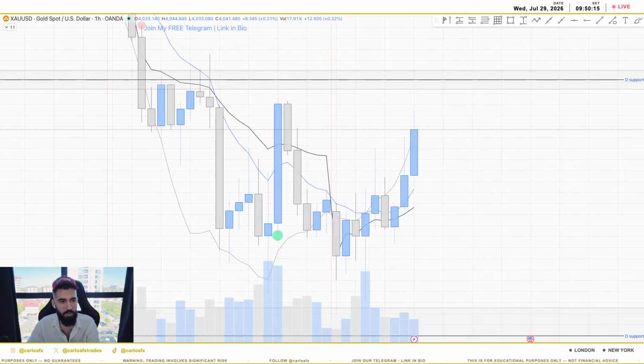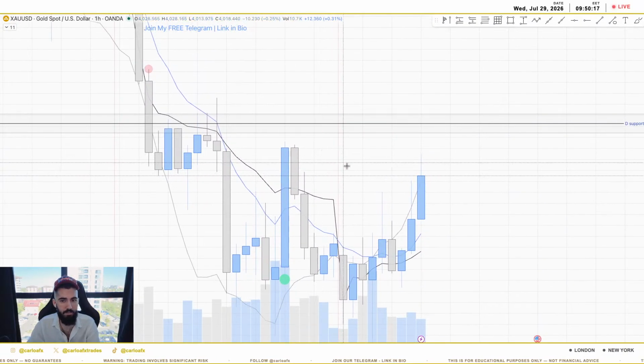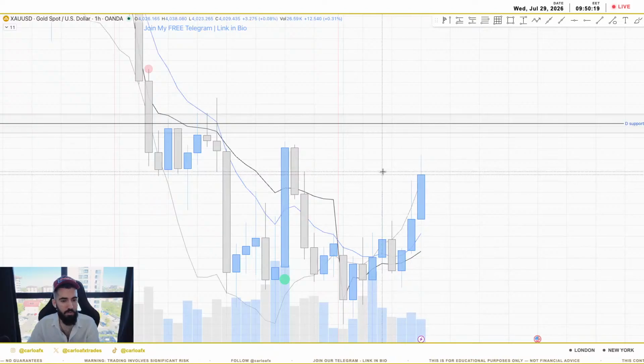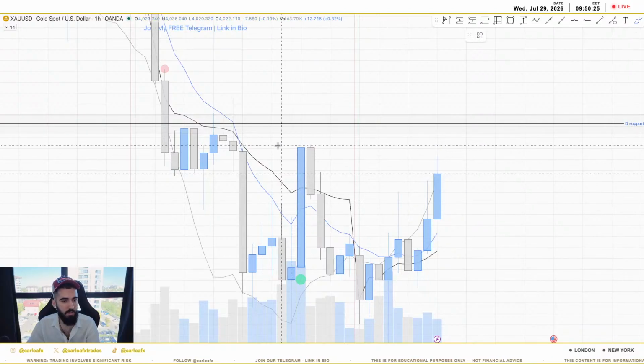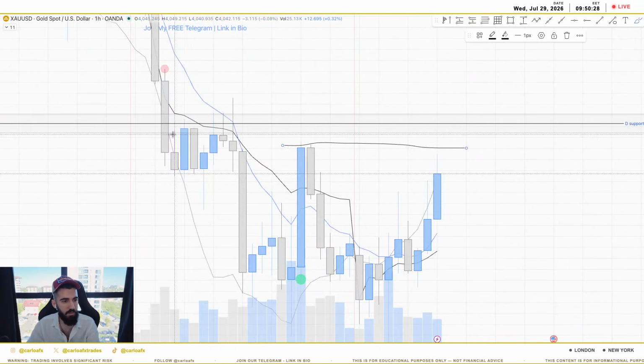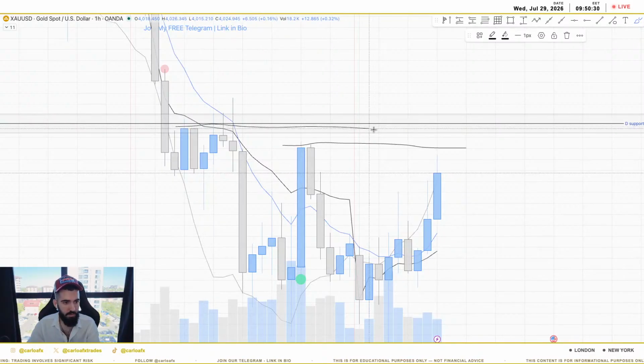At this point we can't take any kind of trades on 1 hour, because we need a breakout of this resistance up here, not this one right here, you see, because we have another resistance up here.